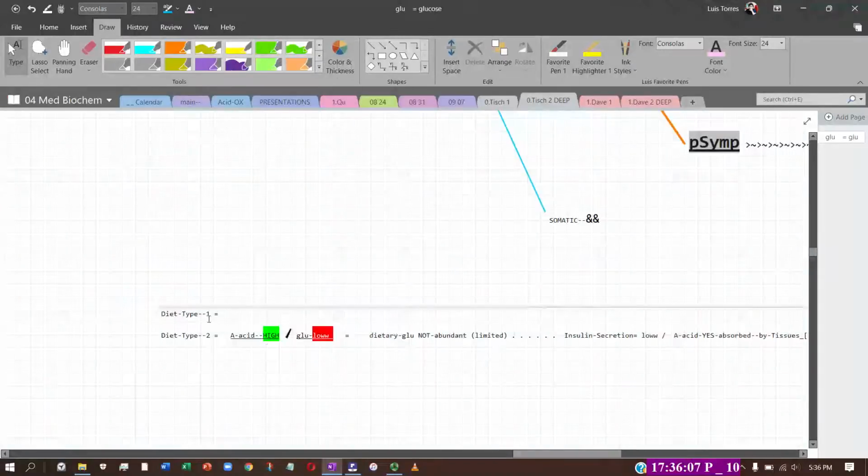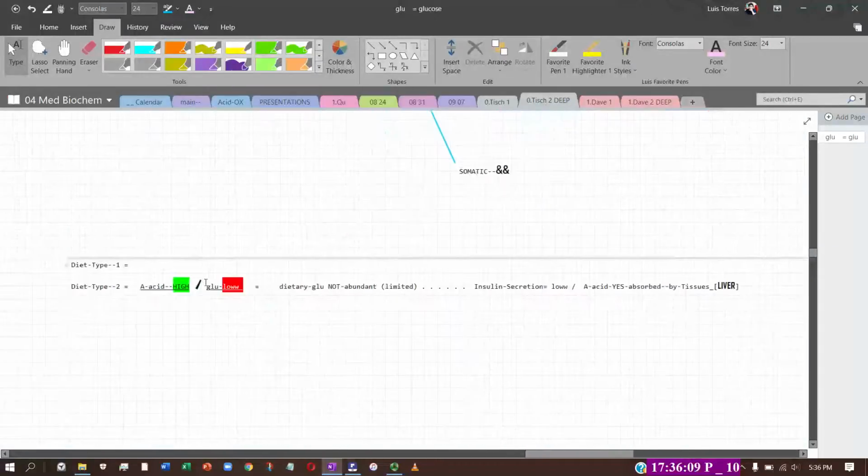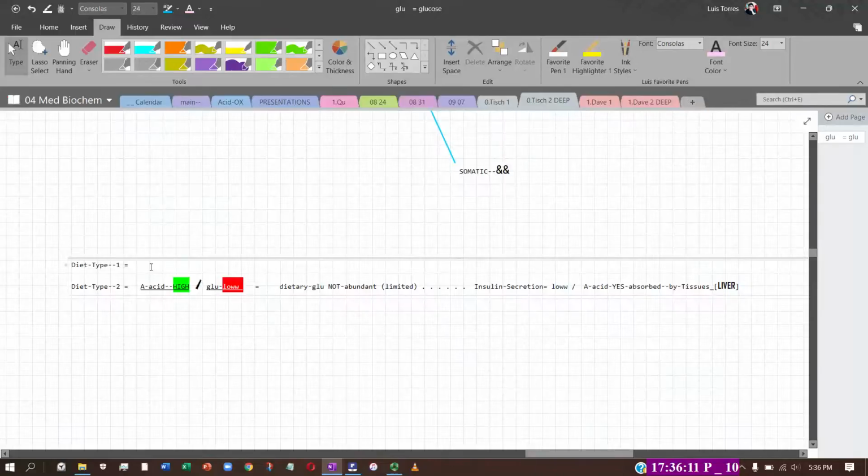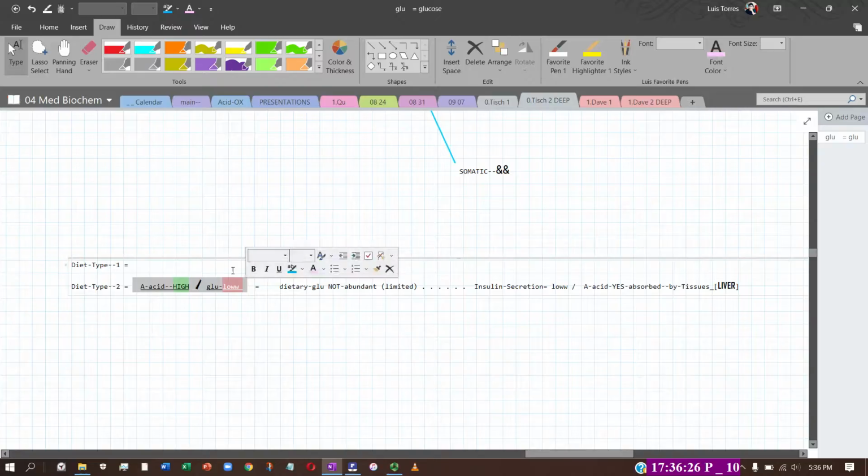And there was something mentioned, different types of diets, and there was an emphasis on this type of diet. I'll have to fill this out later to see how this diet varies and what the different effects or the different things to take into consideration are. So diet type 2, I just happened to give that label.